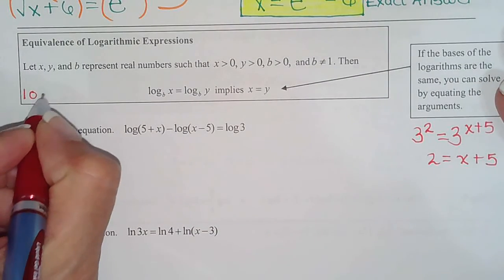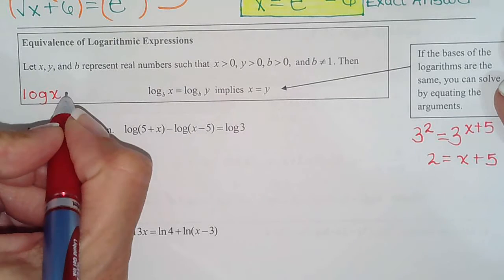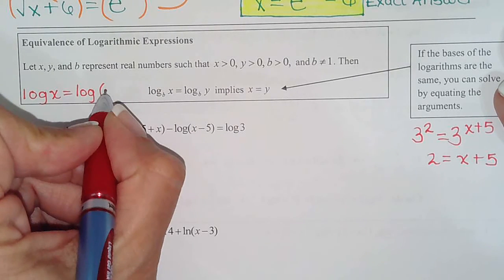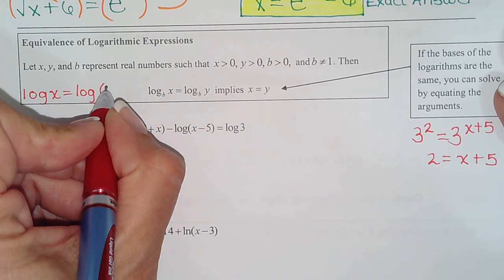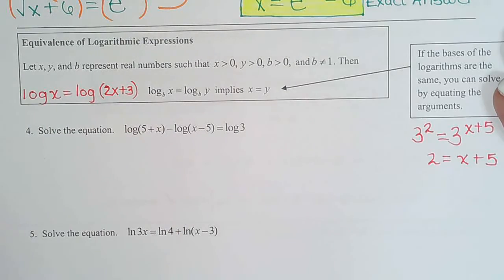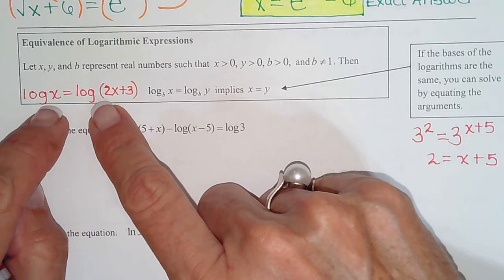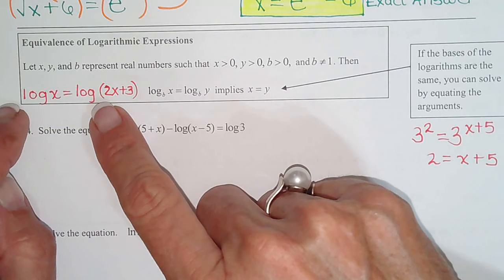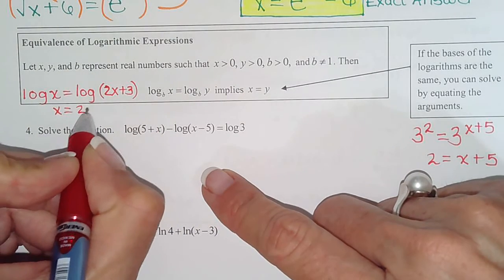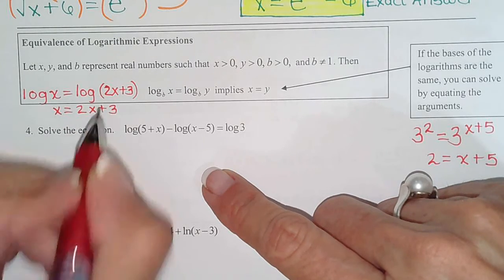So if we had log of x equals log of 2x plus 3, let's say, we go, oh, these are both base 10. We have one log on the left, one log on the right. So we would solve by equating the arguments.